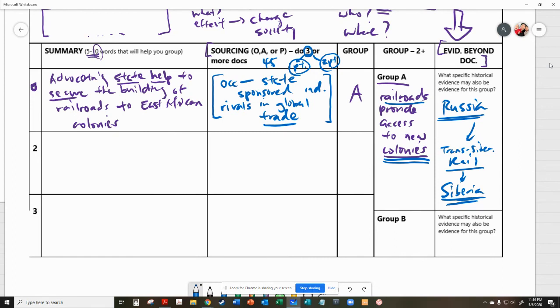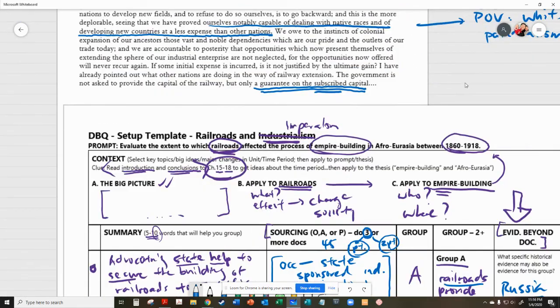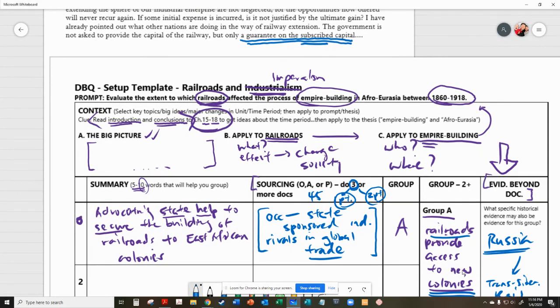It's not going to be found in a document set that you're going to read, but it addresses, and again, you have to come back to the prompt here, it does address this prompt right here: railroads affecting empire building. In this case, it is a railroad that provides access to new colonies, in this case Afro-Eurasia, within the scope of this particular time period.